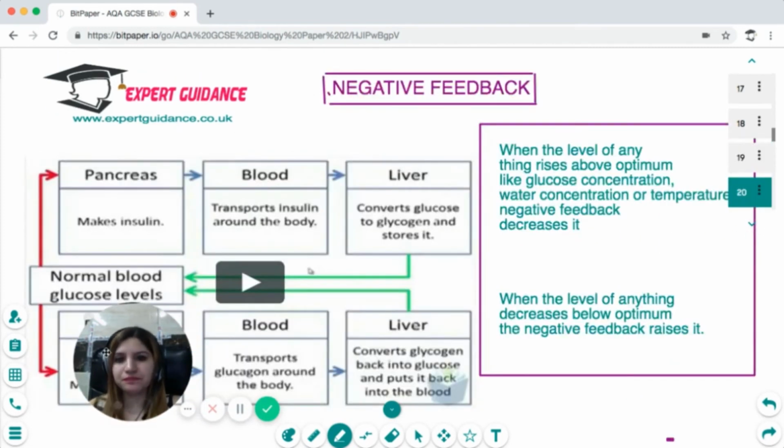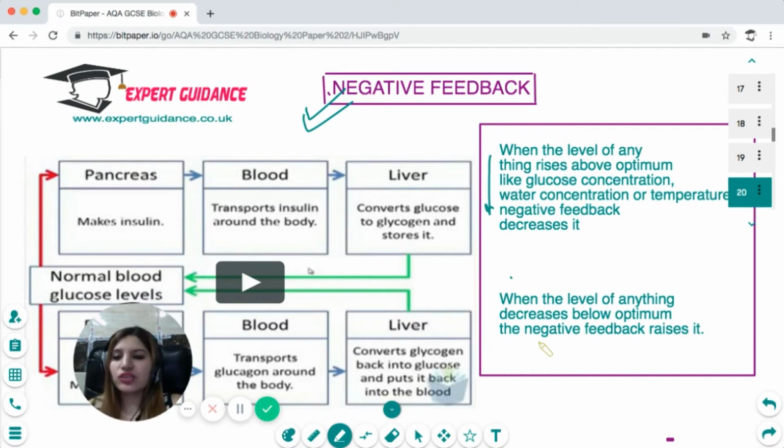Now, this insulin maintenance, or the maintenance of water level, which we'll be seeing later, is an example of negative feedback. What is negative feedback? Negative feedback is when the level of anything rises above optimum, like the glucose concentration, the body tries to decrease it. And if the level of anything decreases below optimum, the body tries to increase it.